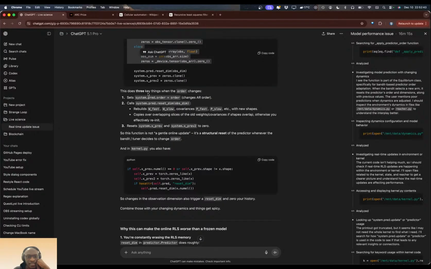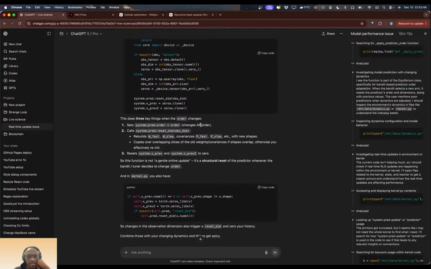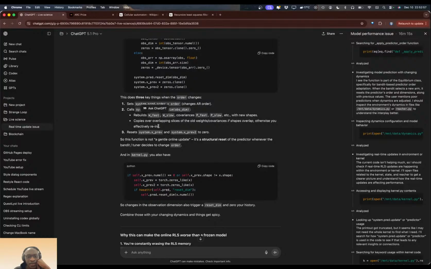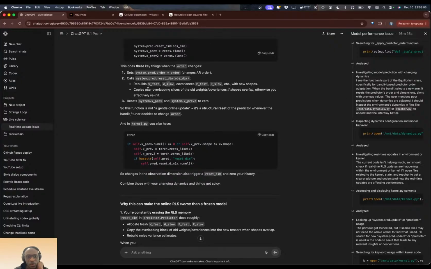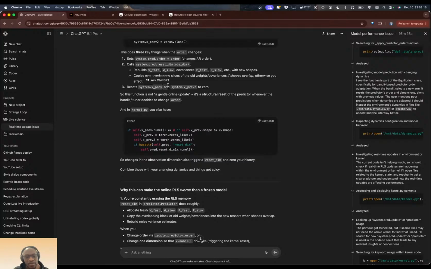This does three things when the order changes. Sets order, changes AR order, and resets dimensions, observation dimensions, rebuilds W fast, W slow, covariance P is fast, P is slow, etc. With new shapes, it copies over the overlapping size of the old weights and covariance if shapes overlap. Otherwise, you effectively reinit. It resets x previous and x previous two steps previous to zero.